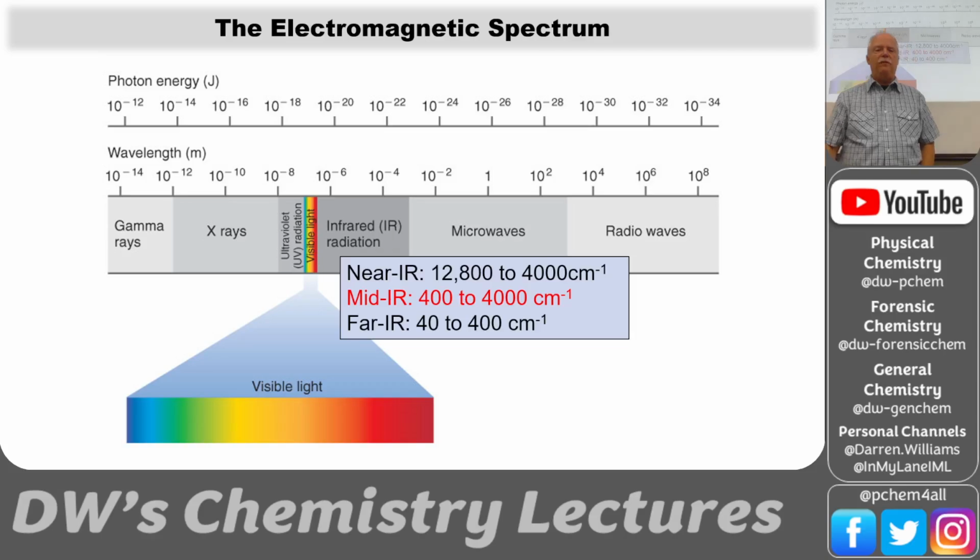We're right here in the mid-infrared. That's where our spectrometer is, 400 to 4,000 wave numbers. That's where the fundamentals are for smaller molecules. They get into the far infrared for the whole molecule bending and so on. So those really low frequency modes, they get into the far infrared. But for the fundamentals for stretches, those are going to be in the mid-infrared.